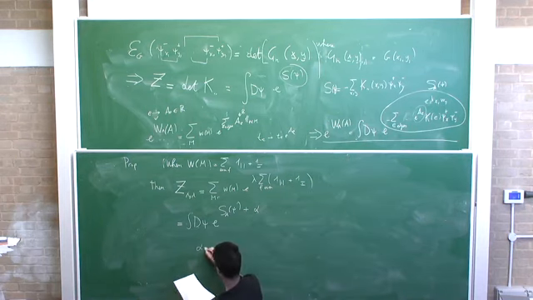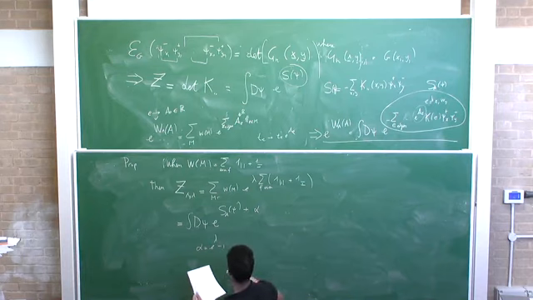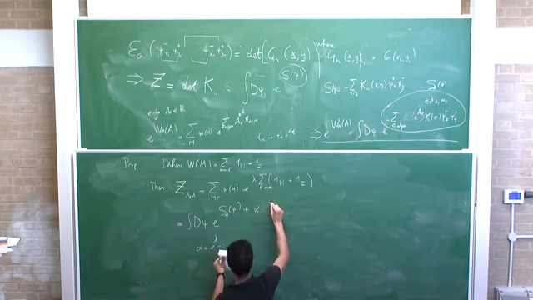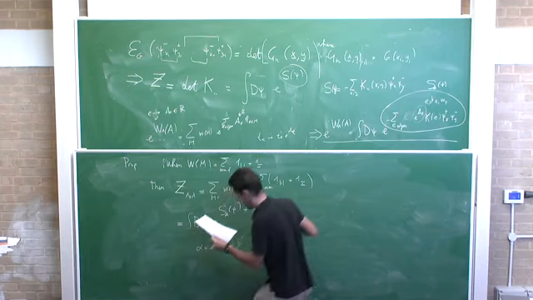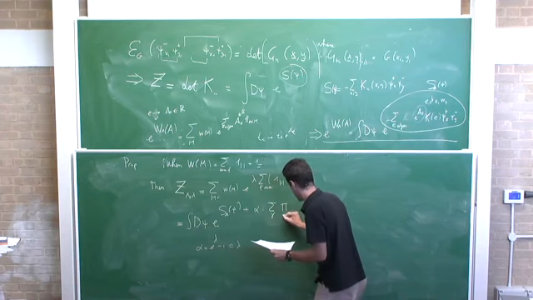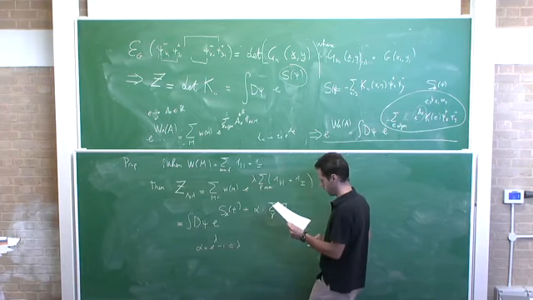Alpha is e to the lambda minus 1, so for lambda small it is essentially lambda, times a sum over gamma. I'll tell you in a second what gamma is, the product over E in gamma of E_gamma.